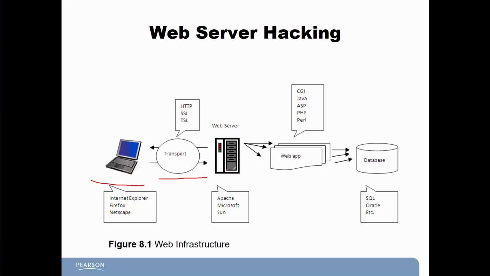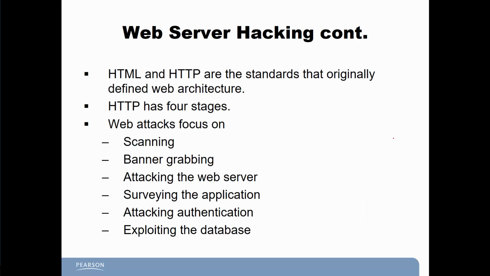The web server is going to run different types of web server software. On the back end, it will have web apps, which are coded in different languages, compiled or stored in a database, which again has its own languages. And so our exploits can be at multiple different levels depending on what we're going after.